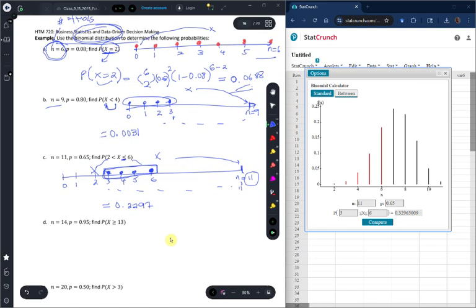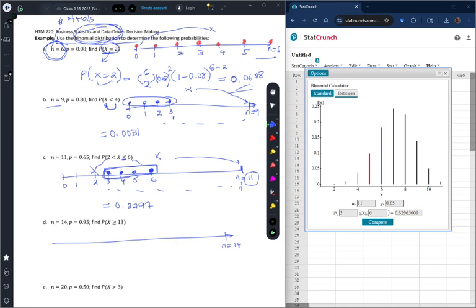The next one is to find the case where our n this time is 14. The number of successes can go from 0, 1, 2 up to 14. Just before 14, there is 13. And I'm interested in the probability at 13 and above, which will only go as far as 14. So in this case, I can use StatCrunch to help me get the total mass of probability here.